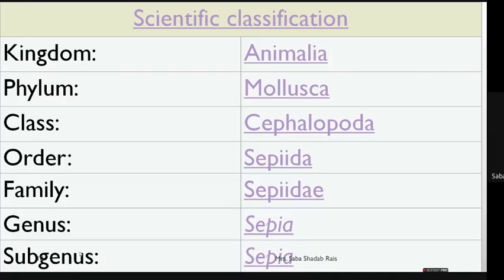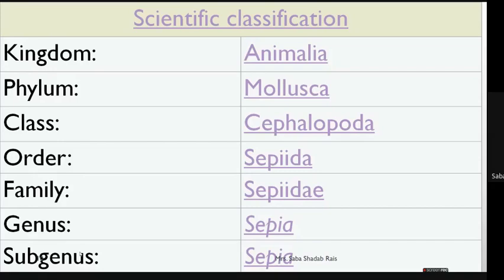Phylum Mollusca comprises soft-bodied animals with a shell. Sepia is the animal that has an internal shell. Next is class Cephalopoda. I told you the importance of Cephalopoda: animals of this class usually have appendages on their head.